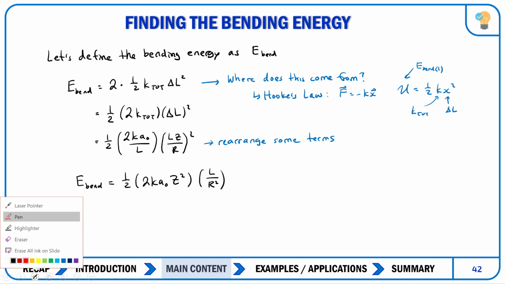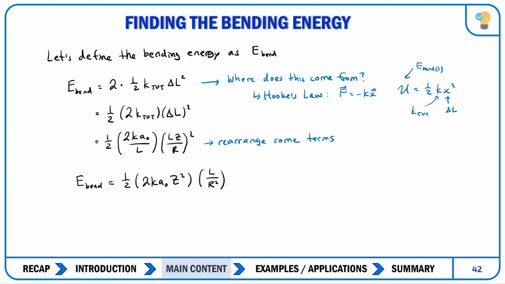Okay, so some important things to note from this. Although I have my bending energy, this term here is called the microscopic entity. And this term here is called the macroscopic entity. Why is that?